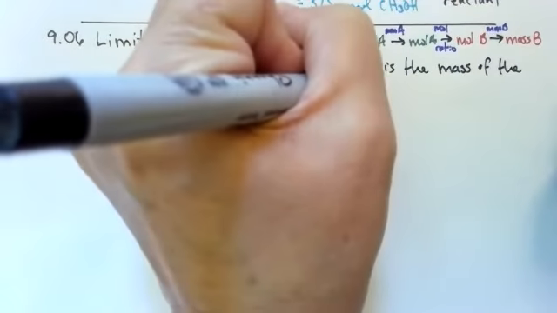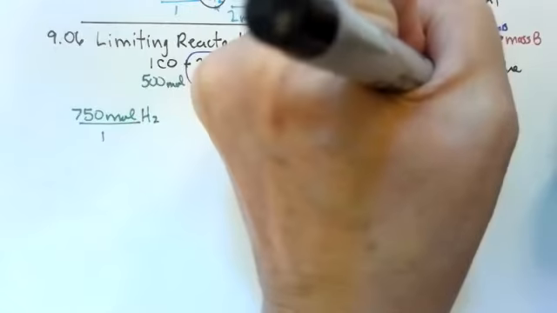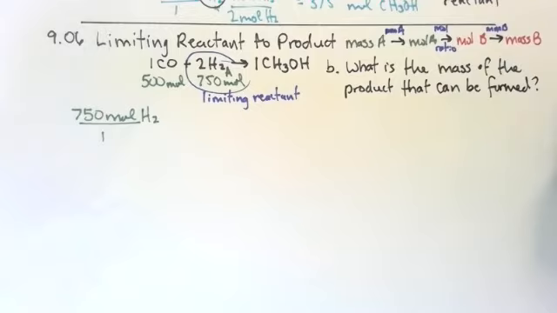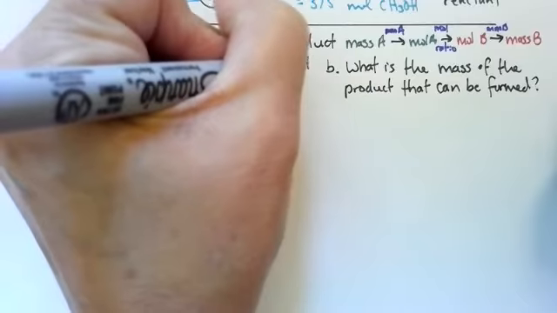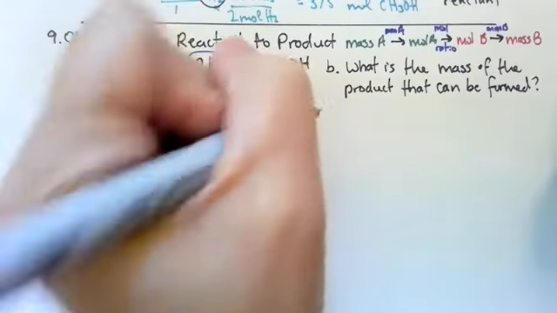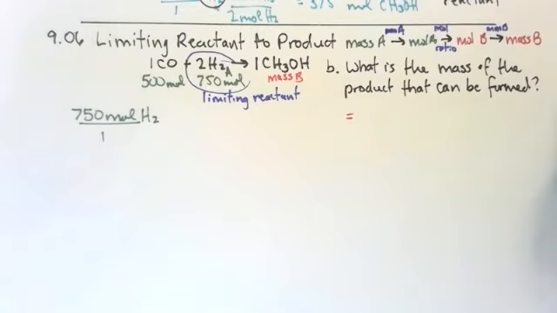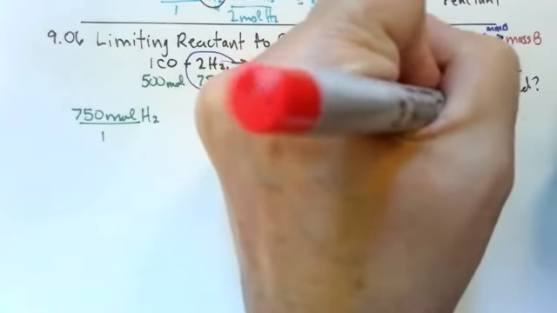So my stop point, or what I'm solving for, is my mass. Over here on the right, I'm going to put my mass of CH3OH.